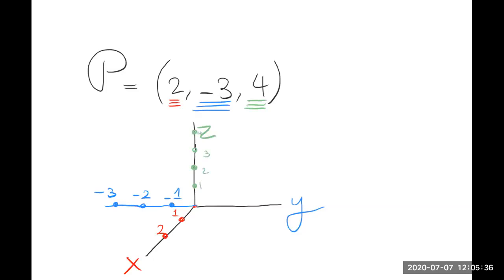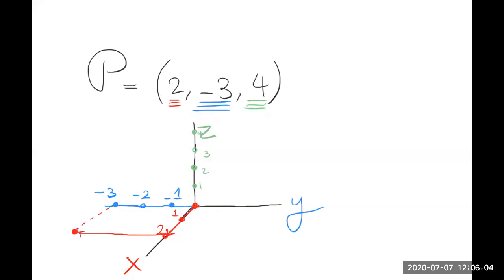Okay, so where is P? When I want to find P, what I would do is say in direction of x, the coordinate is 2. So I would start from the origin, I would come to this point 2. Then the second coordinate is -3. So I should go in direction of y, but towards negatives by 3. You would see it's parallel to the y-axis. I would get to this point.